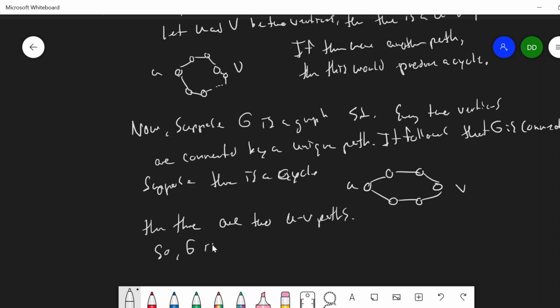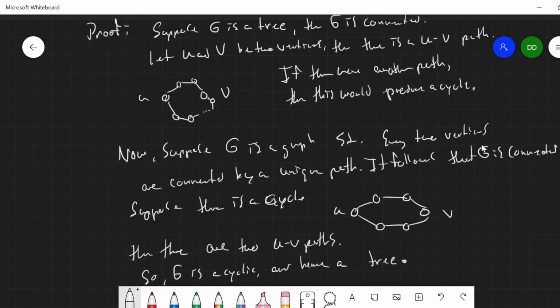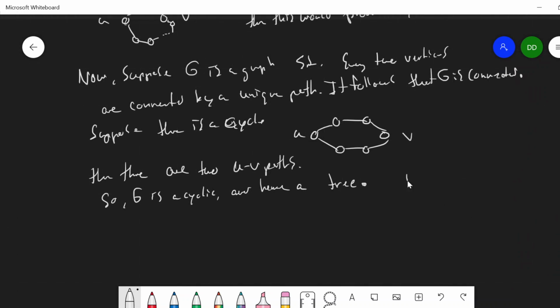So G is acyclic. Since it was connected, it's a tree. So that's our first realization of trees: every two vertices are connected by a unique path.